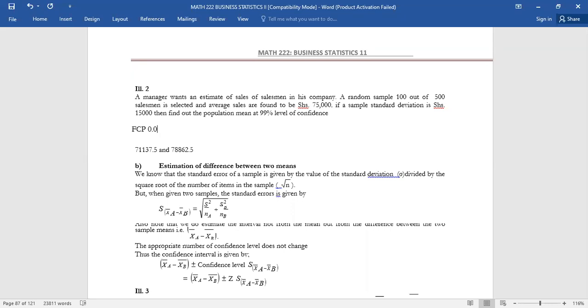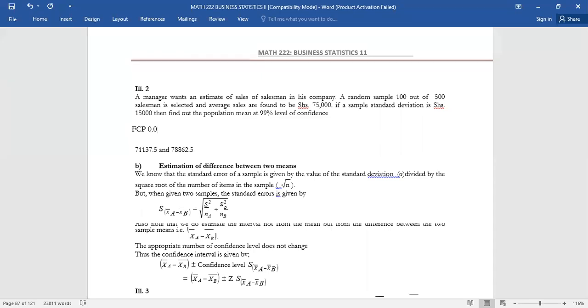Excuse me, Mwalimu. Why are we dividing by 499 instead of 99? We are supposed to divide by 99, not 499. Yes, our capital N is 500 minus 100, all over small n, which is 100 minus 1.